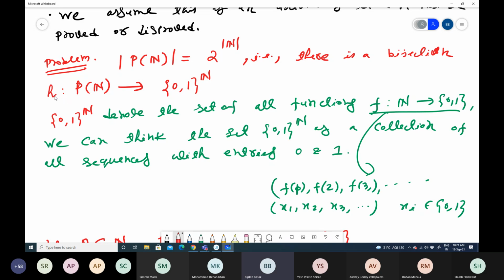We define a function H such that H of A equals chi of A. So what is A? A is a subset of N, that means A is an element of the power set of N. And what is H of A? H of A is chi A, that means chi A is a function from natural numbers to {0, 1}, which is in this set.